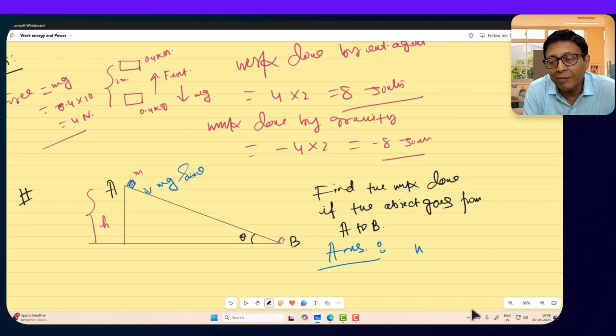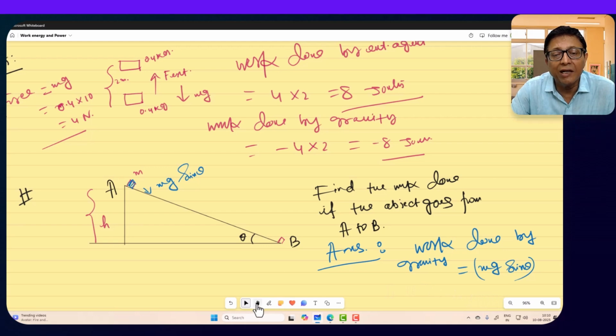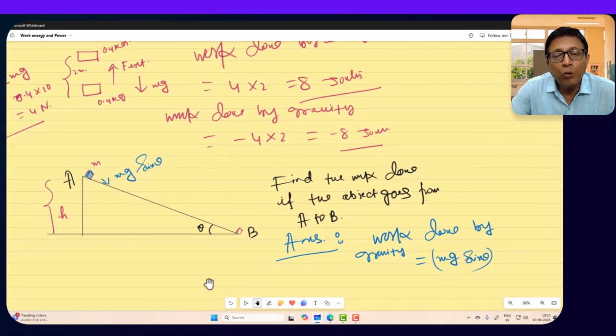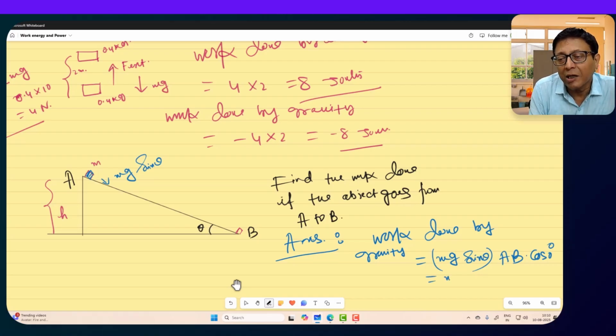So work done by gravity will be mg sin theta, the force, into displacement AB. The force is along the displacement, so cos theta will be what? It is cos 0 degree. So this is nothing but mg into AB sin theta.